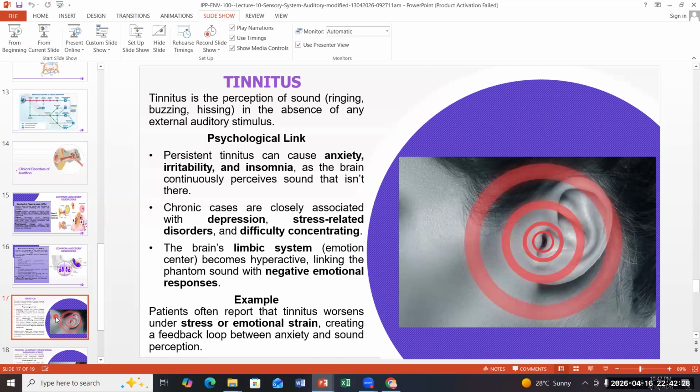These people are usually annoyed and irritated, and a person experiencing tinnitus will become even more irritated, more annoyed, if the person is stressed.